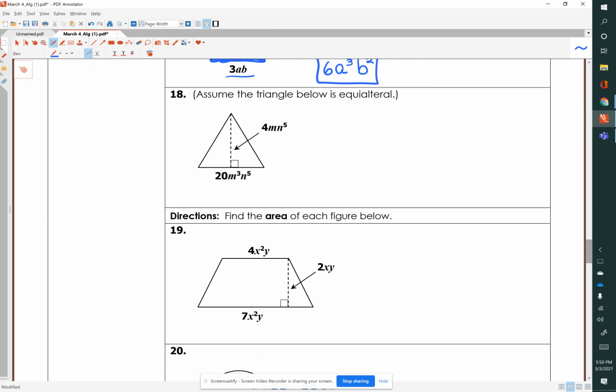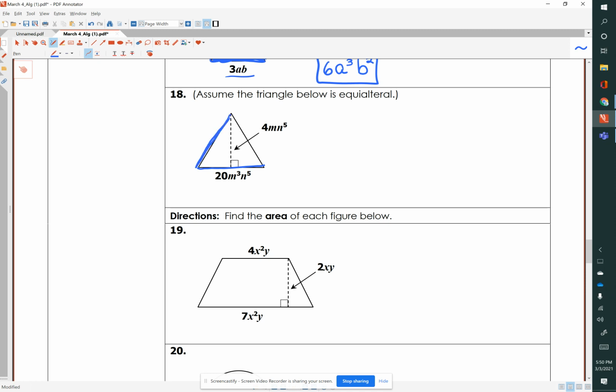So number 18, we're asked to assume that the triangle below is equilateral. And we're asked to find the perimeter and the area. So the perimeter, we're going to start with, if it's equilateral, then each side of the triangle is the same as 20m to the third, n to the fifth.